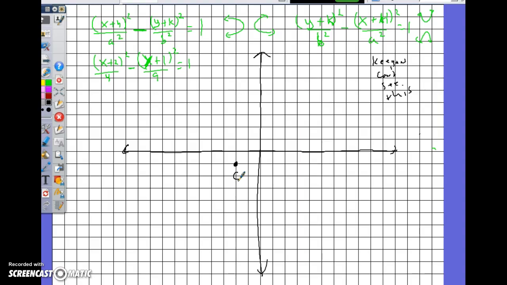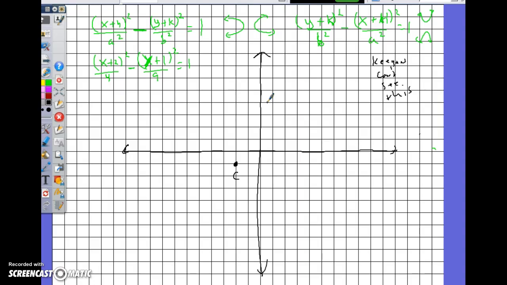This is kind of like an asymptote line. It won't cross this one at all. Now, the next question you have to ask yourself is whether it's opening left to right or up and down. Keegan, which one is it opening? Left and right, because it's x squared minus y squared. Since it's left and right, I have to know how far from the center my vertex is.